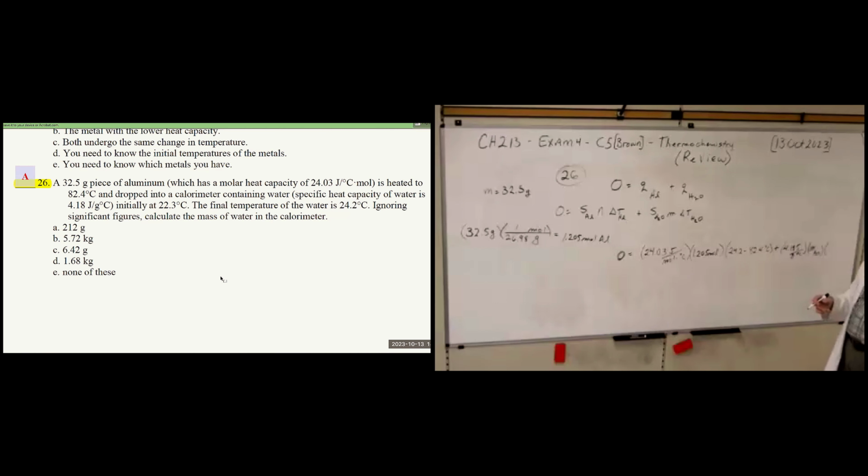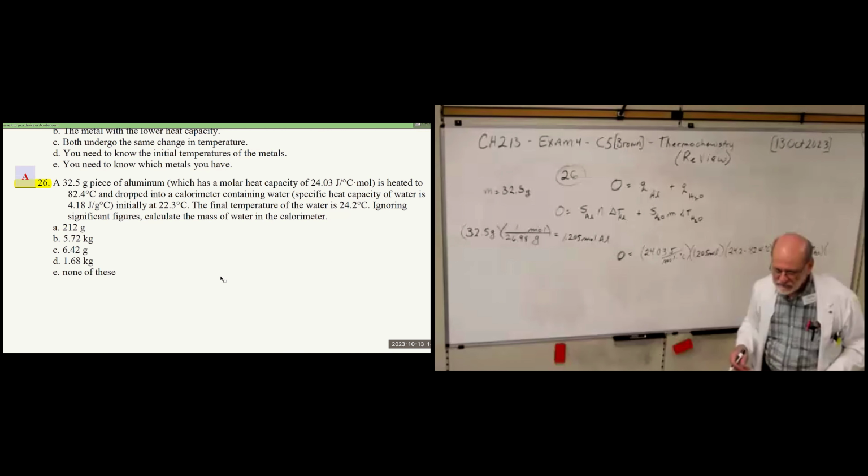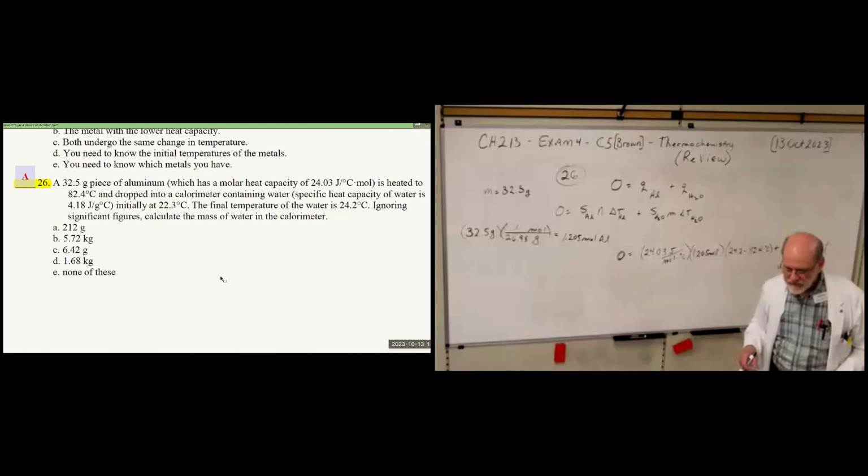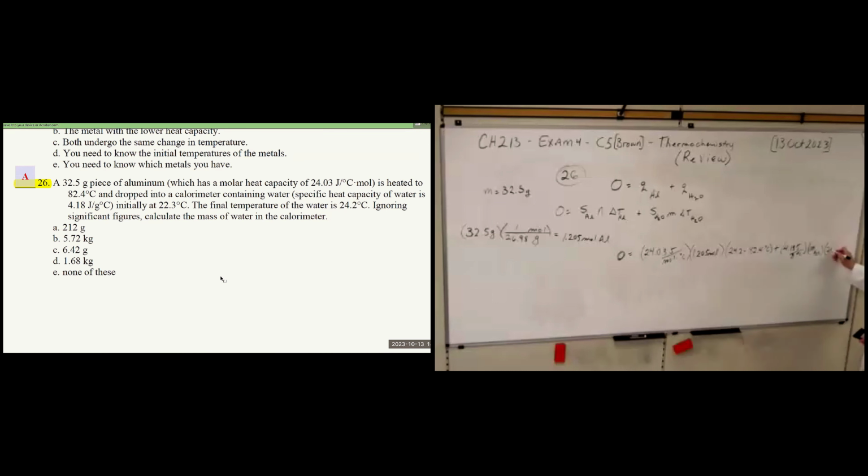That's what they're asking us. 22.3 was the initial for water, so it's 24.2 minus 22.3. What's in that middle parentheses? The M? Yeah, that's the mass of water. That's the unknown. The question says, what's the mass of the water? And it's like any math equation. Now we've got one unknown. We can solve it.